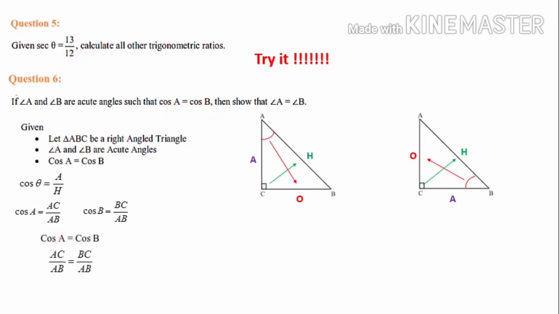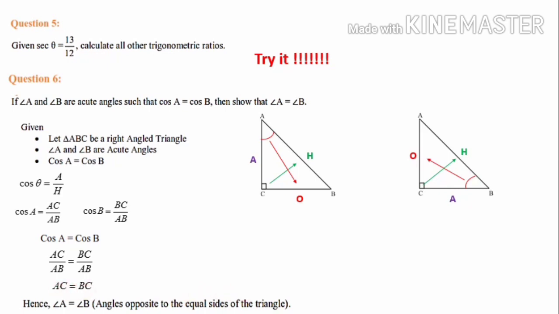Then substitute it. Cos A is AC by AB, and cos B is BC by AB. When you look, the denominators are the same, AB and AB, so both the denominators will be cancelled. Finally, we have got AC is equal to BC. Then angle A and angle B must be equal because angles opposite to the equal sides of a triangle are equal.